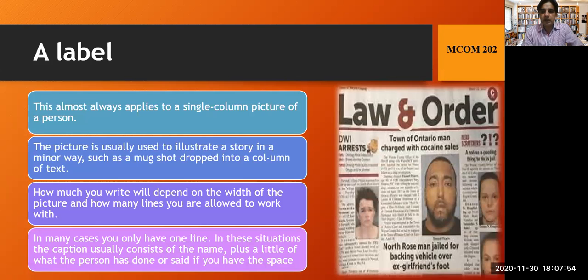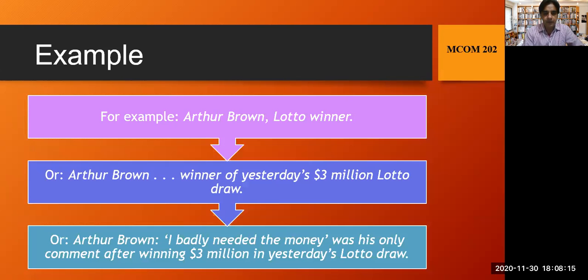If you can see here, there are several mug shots and we have very limited space below them. So in many cases, you only have one line. In these situations, the caption usually consists of the name plus a title, what the person has done or said, if you have the space. Otherwise, the label will only deal with names.